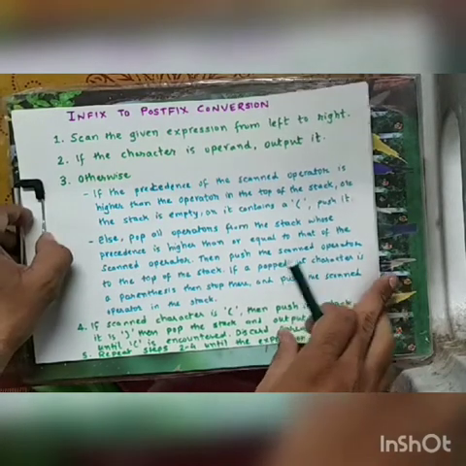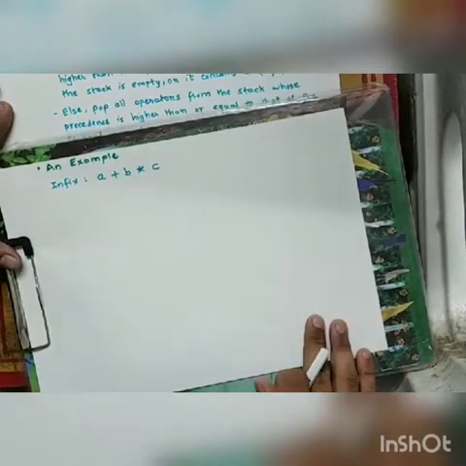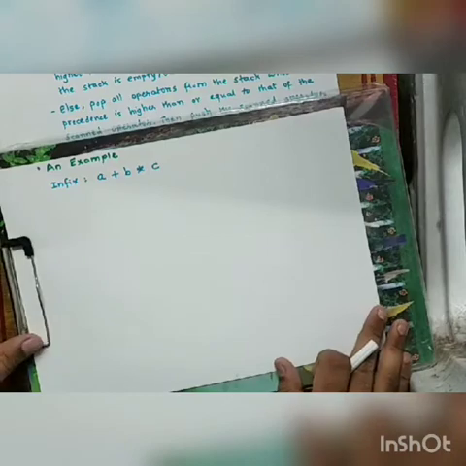Now let us discuss one example to understand this. Let us start with a very simple example in which our infix expression is a plus b star c. It is the simplest, consisting of 3 operands and 2 operators.